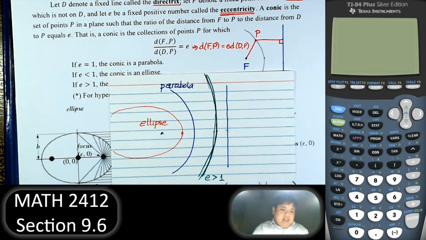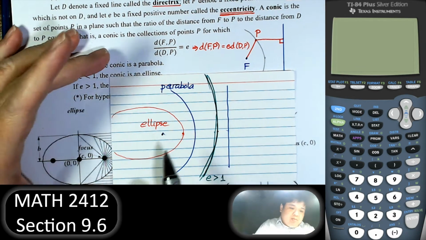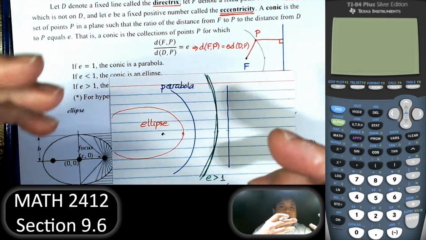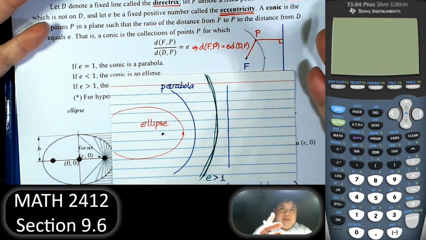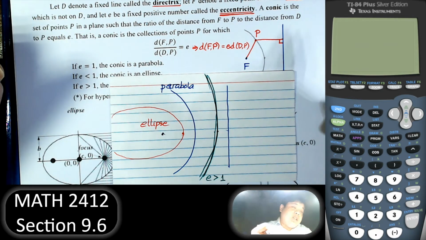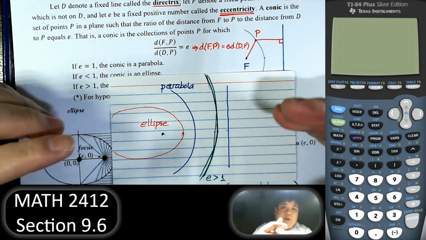And actually, this occurs in nature. In the solar system, we learned from grade school that the sun is at the center of the solar system, right? But actually, this is not quite true. The sun is at the focus.